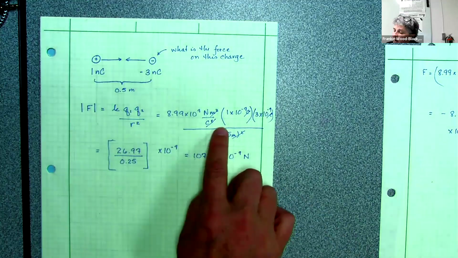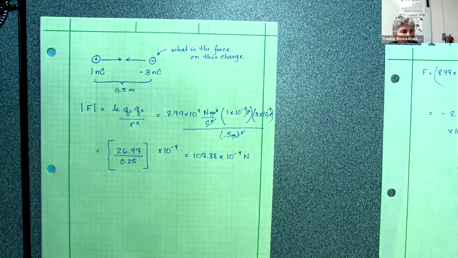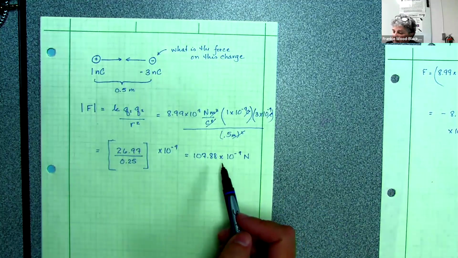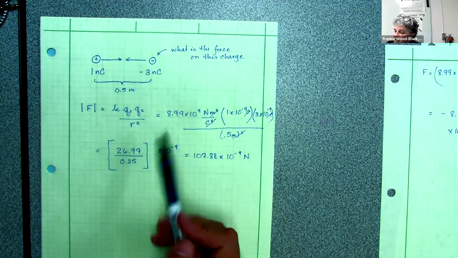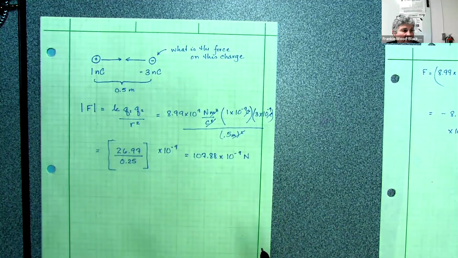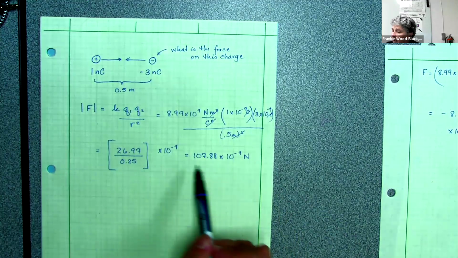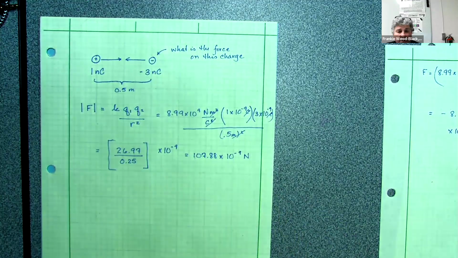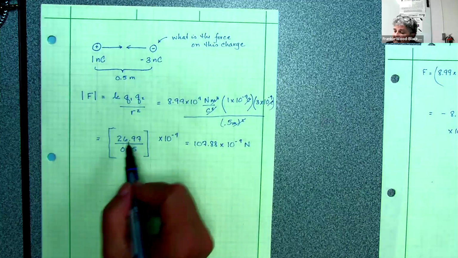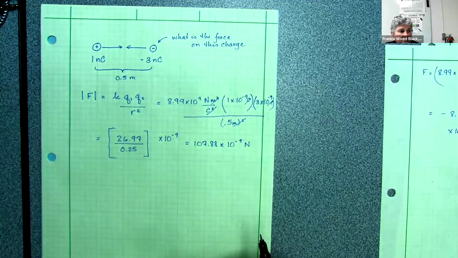So be very aware of that and look for that order of magnitude that we're dealing with. This is a heck of a lot easier to put in my calculator than times 10 to the minus 9. And you can actually do that and clean that up. Now, that's the order of magnitude, okay?